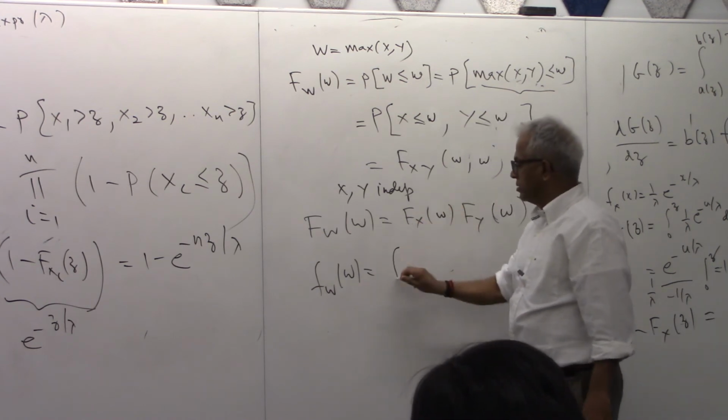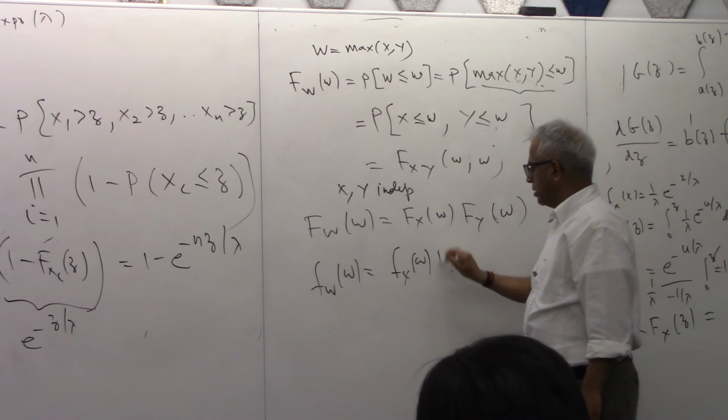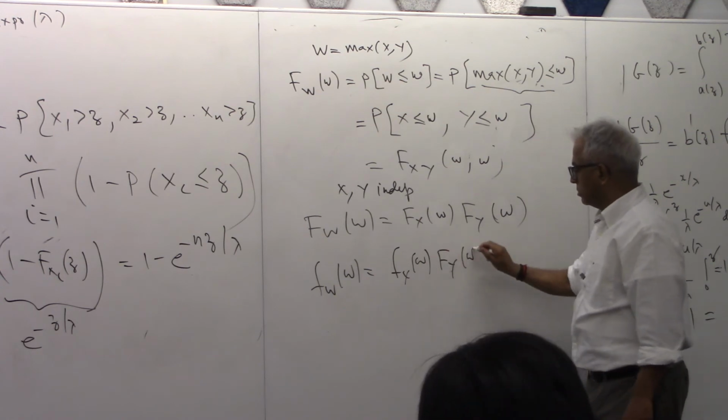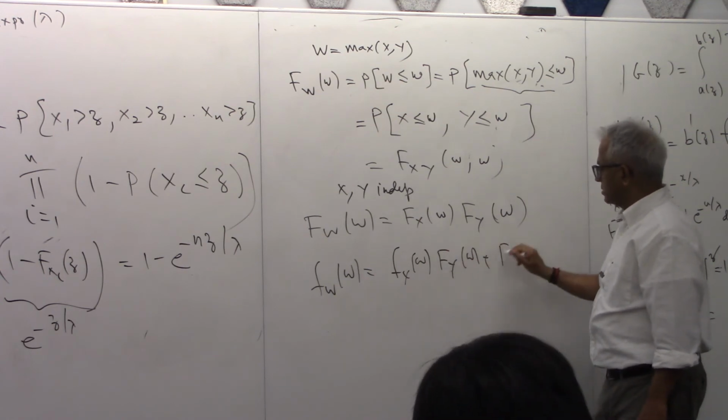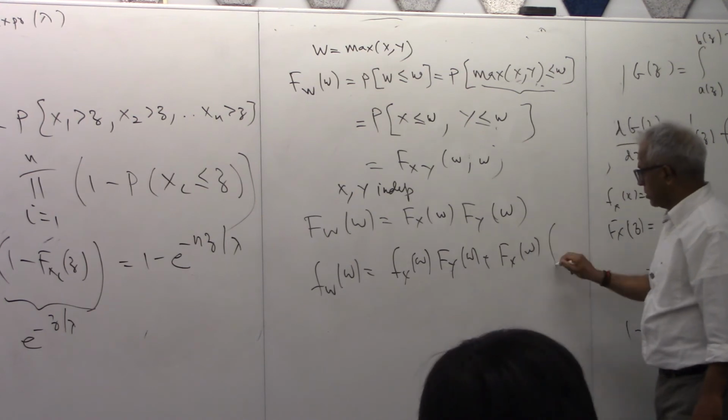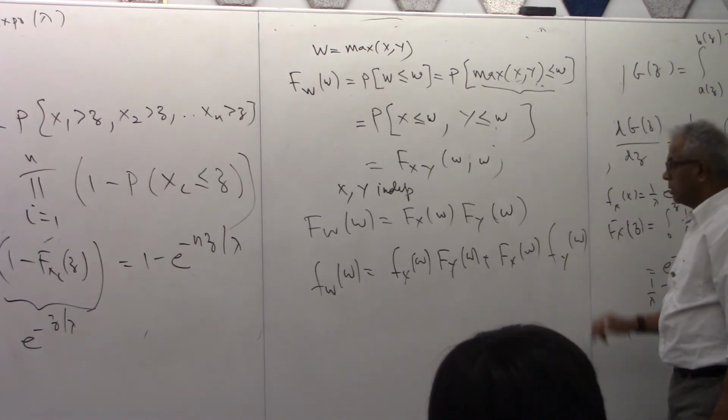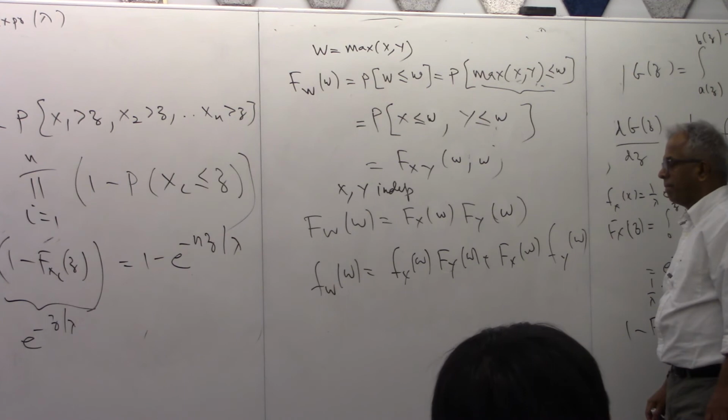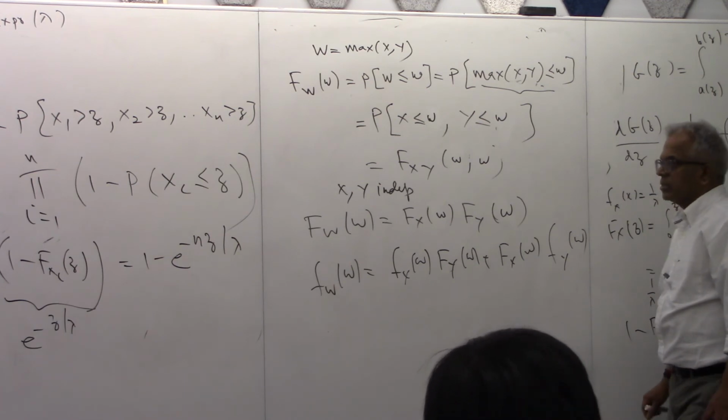So the derivative of this will be f_X(w) multiplied by capital F_Y(w) plus F_X(w) f_Y(w), etc.